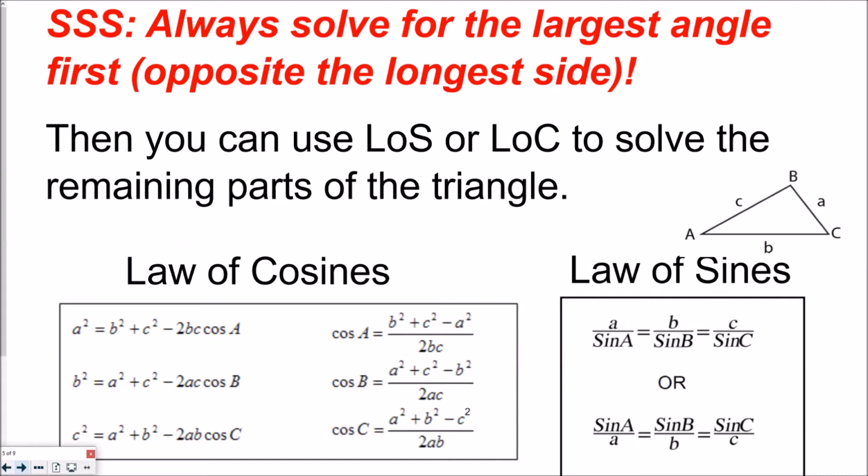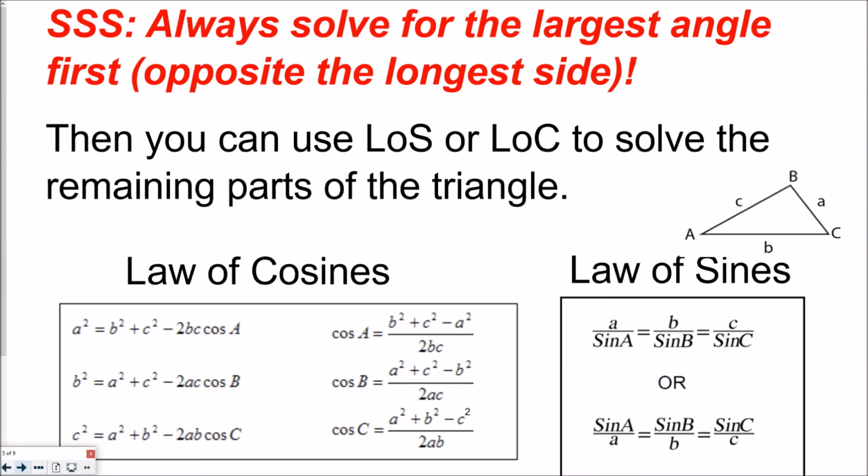If you're given 3 sides of the triangle, you always want to solve for the largest angle first. Because you already have your 3 sides, so only one triangle is possible.